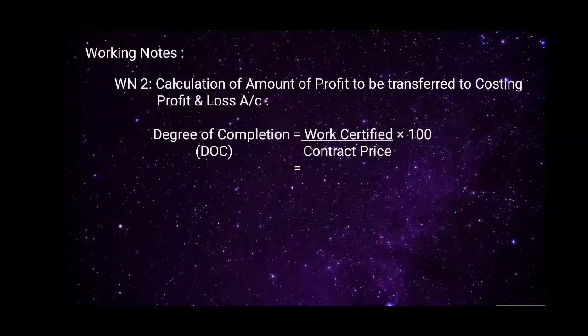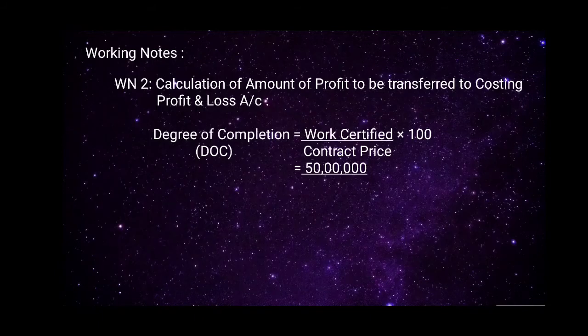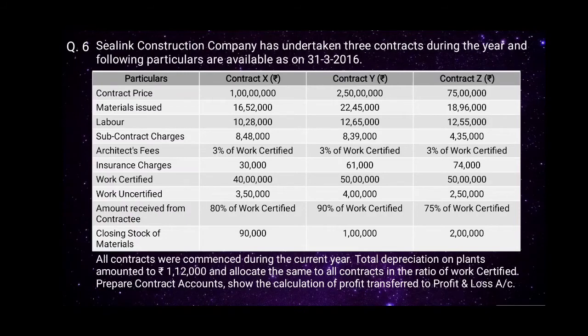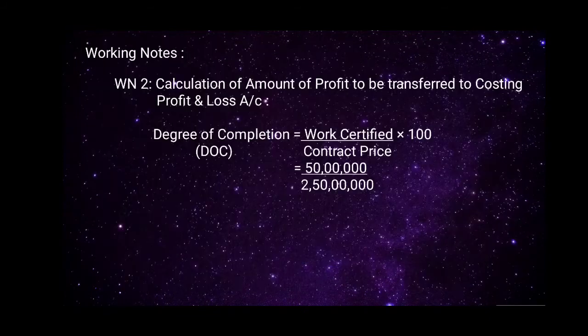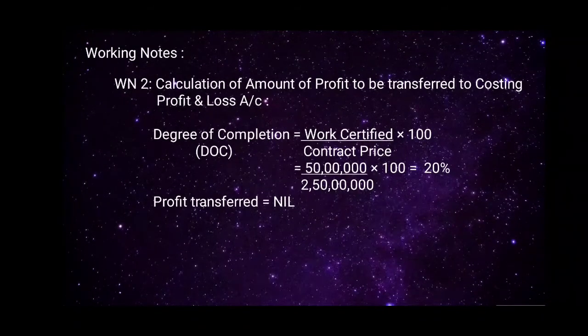For contract Y, work certified is 50 lakhs divided by contract price, which is 2 crore 50 lakhs, into 100, which is equal to 20%. So the degree of completion is 20% for contract Y, so profit transferred will be nil.